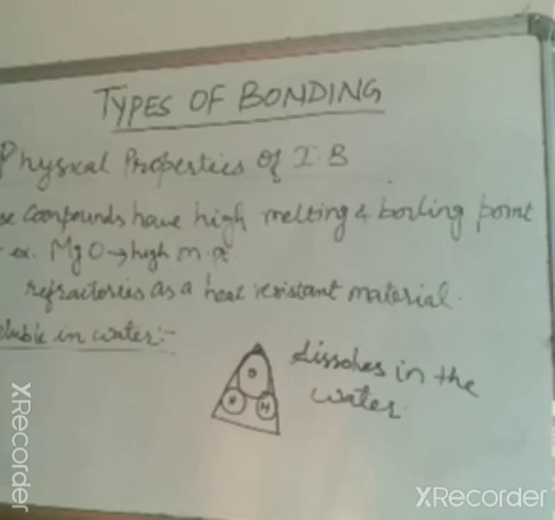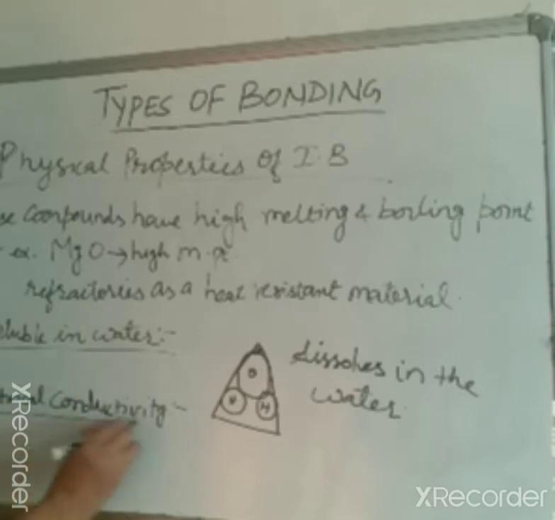And the third property is electrical conductivity. When they are in solid or crystalline form, they are not able to conduct electricity. But when these compounds are in molten state, what will happen? The ions are free to move. When ions are free to move, they conduct electricity.